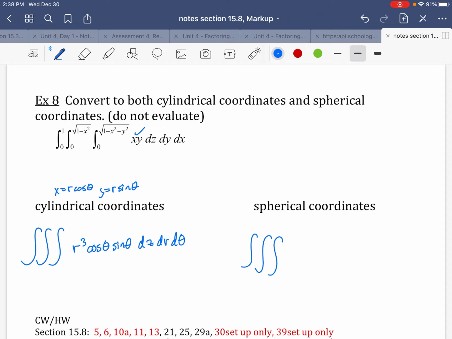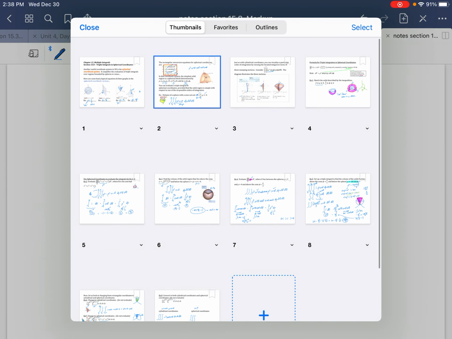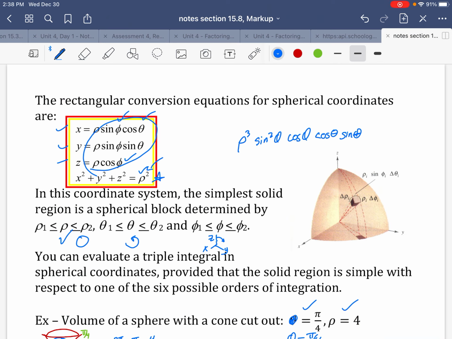For my spherical, remember that x is rho sine phi cosine theta, and y is rho sine phi sine theta. So with x and y, I will have rho squared sine squared phi cosine theta sine theta. And I'll also add my own rho squared and sine phi. So let's put that all together.